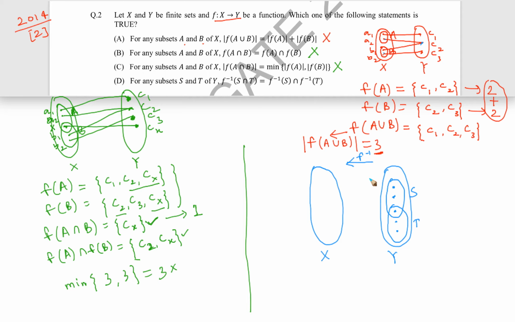Because if we do that, then the inverse cannot be taken, because if two elements have the same image in the second set, then f inverse will not be defined, because in any definition of function, a single image cannot have two pre-images. In that case, if we take inverse, this pre-image will become the image of this element, and one element will have two images, which is not possible.